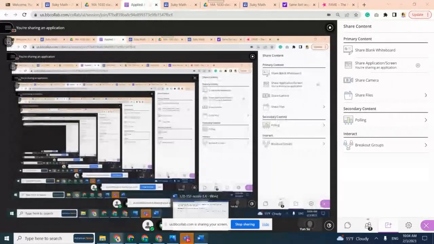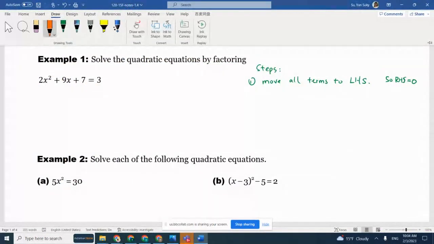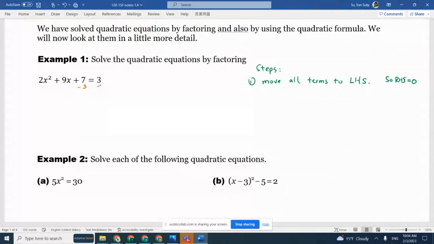So we move the 3 to the left. Here we subtract 3 on both sides. We get 2x squared plus 9x plus 4 equals 0, since 7 minus 3 is 4.